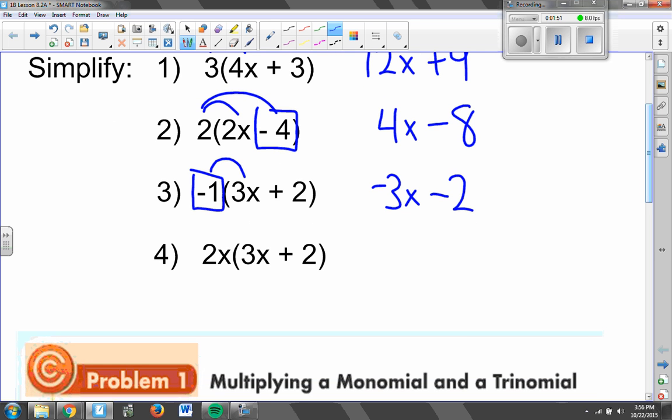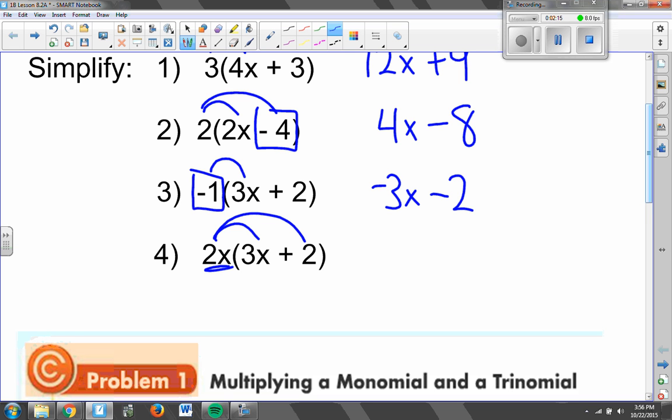So the fourth one here has a 2 and an x in front of those parentheses. So when we do the distributive property, we're going to take that entire monomial, 2x, and multiply it into both pieces within the parentheses there. So 2x times 3x.